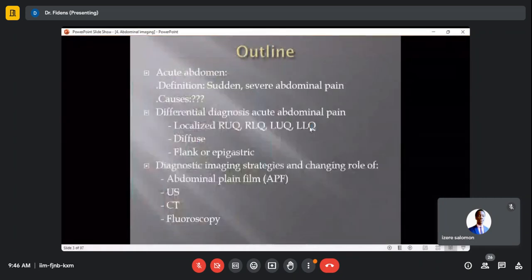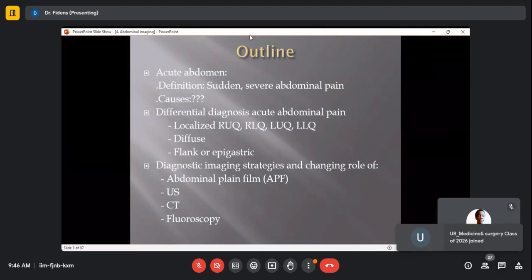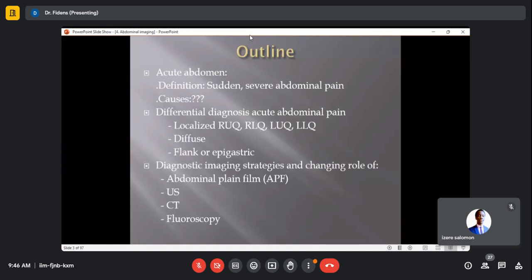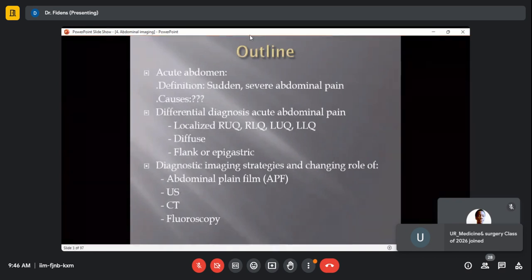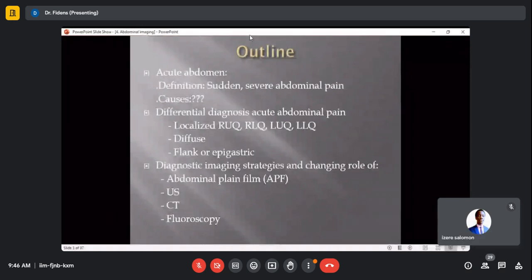So, I hope you know what acute abdomen is. By definition, acute abdomen is a sudden or severe abdominal pain, and there are many different causes of it. But we can consider those causes according to the 9 regions of the abdomen we have seen.